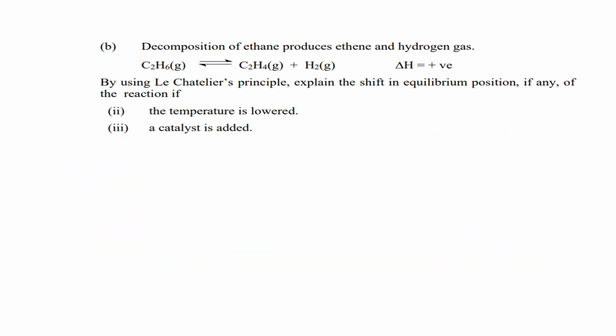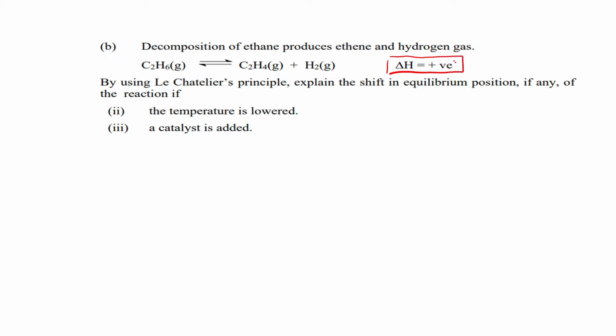Next, if we reduce the temperature, okay, the temperature is lower, and then we add the catalyst. Okay, so if temperature is lower, kita rendahkan suhu. Okay, so temperature ada kaitan dengan apa? Exo dan juga endothermic.